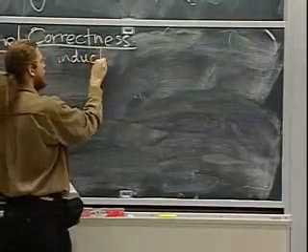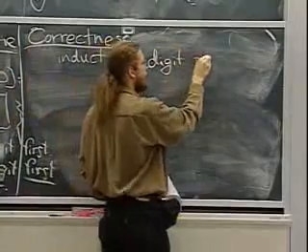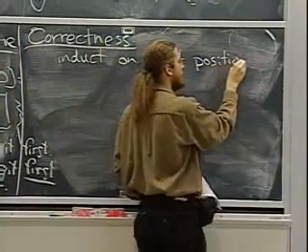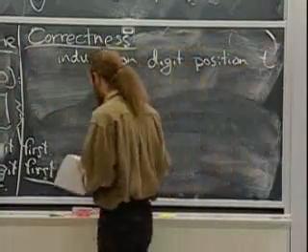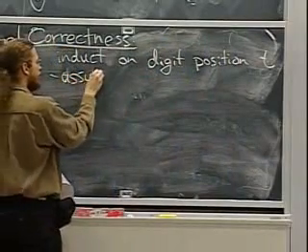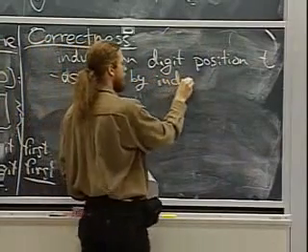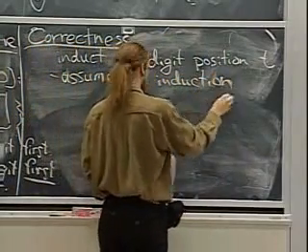Correctness is easy. We just induct on the digit position that we're currently sorting. So let's call that t. And we can assume by induction that it's sorted beyond digit t. This is our induction hypothesis.